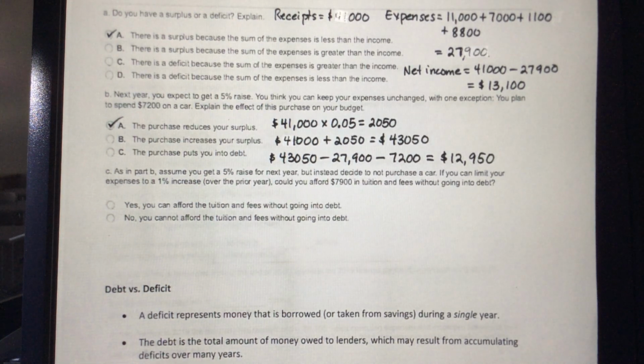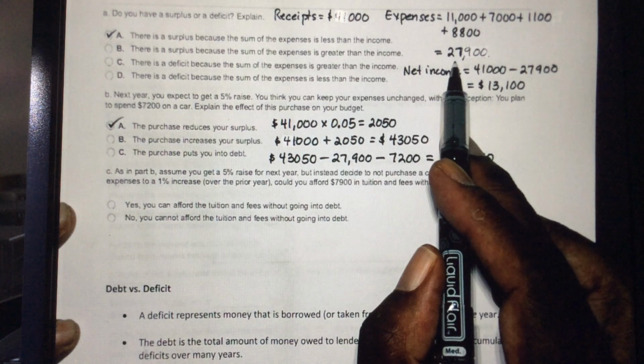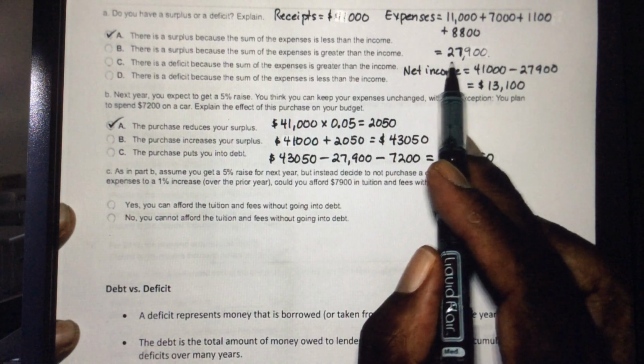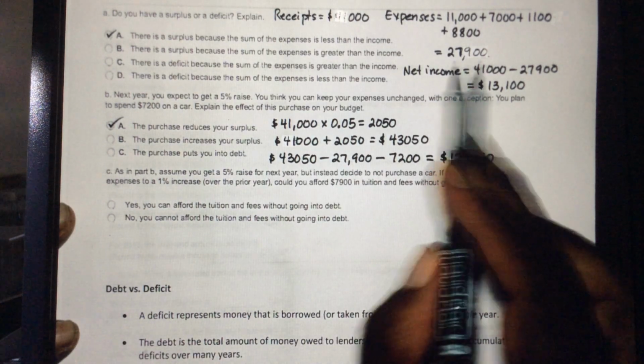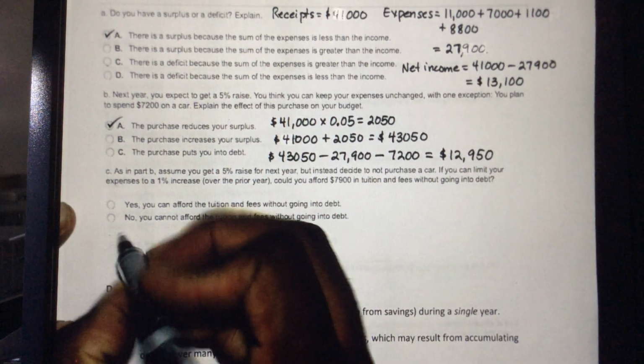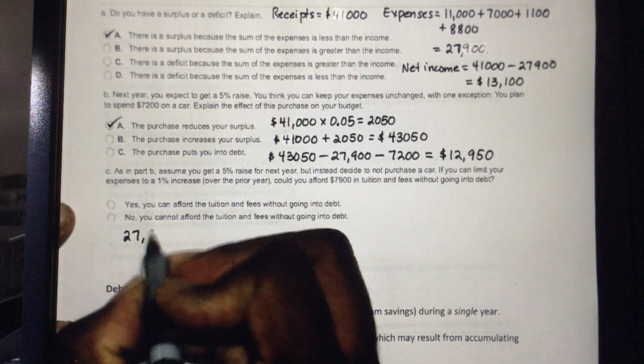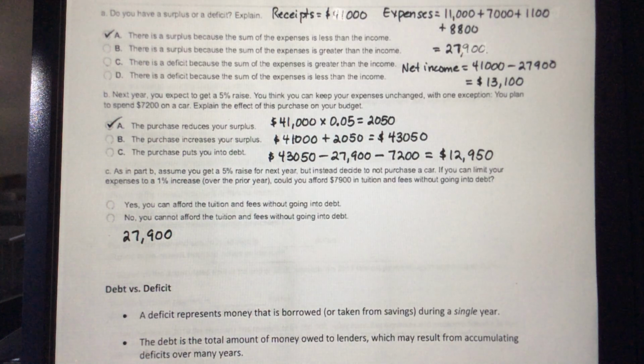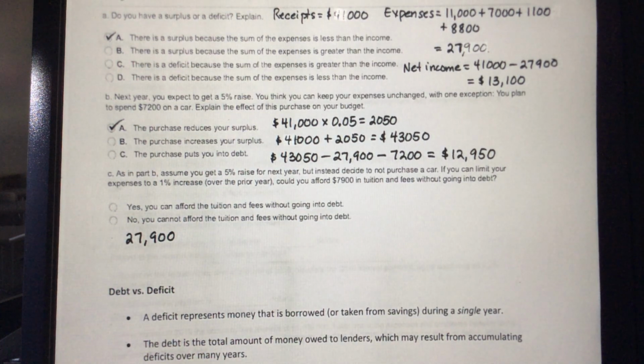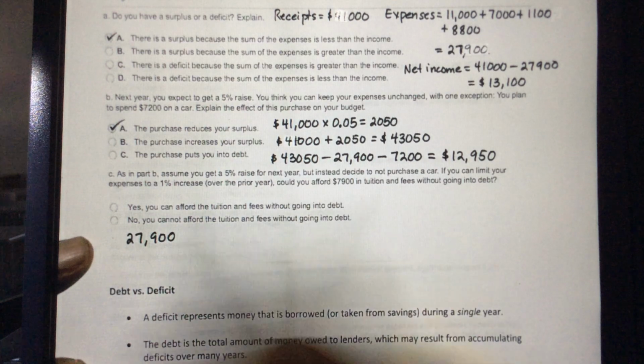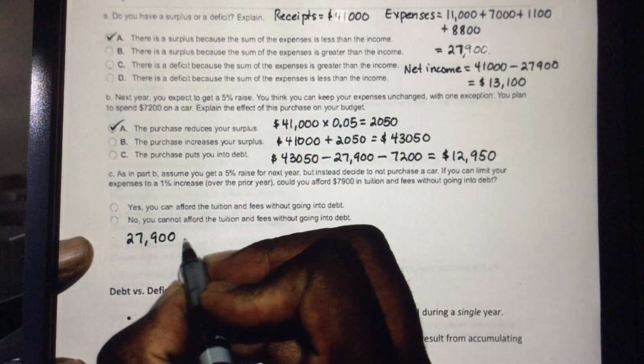So now here we have $27,900, which is our expenses. Now we're not going to buy the car. So our expenses are $27,900, and we're going to limit that to a 1% increase.